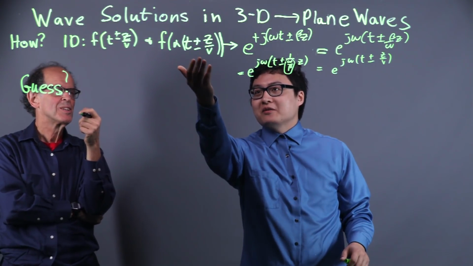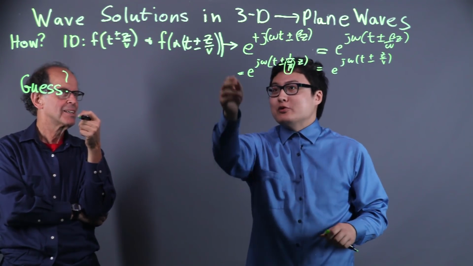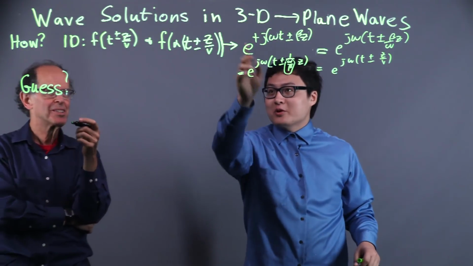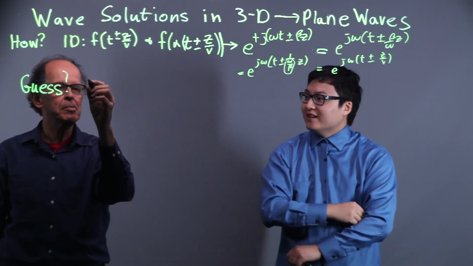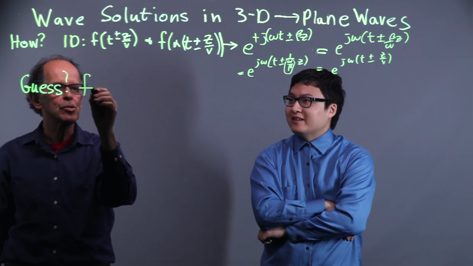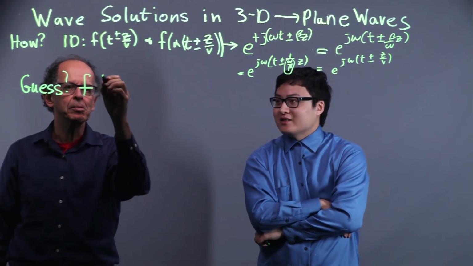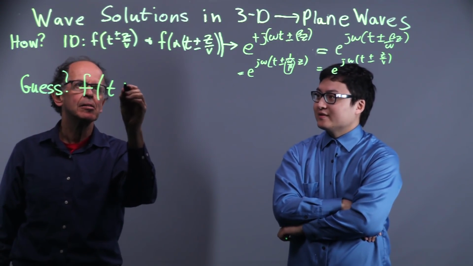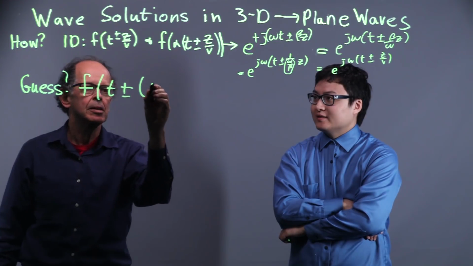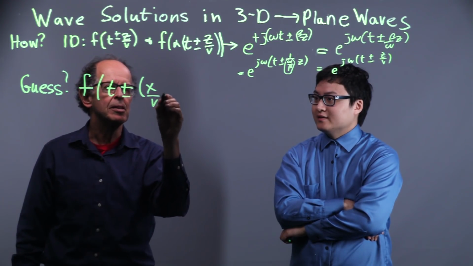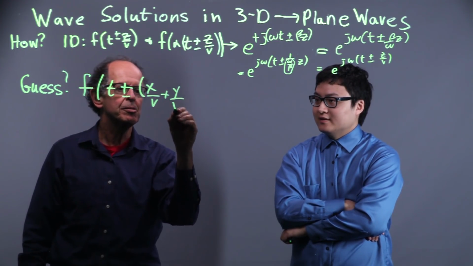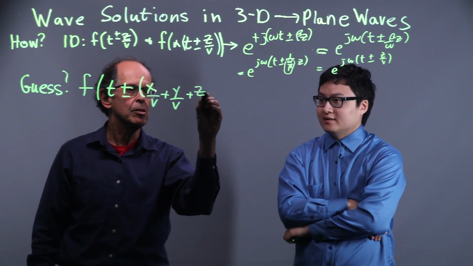What about we just add more terms? Add an x term, add a y term. So what would happen? We'll look at this form here. So t plus or minus x over v plus y over v plus z over v.